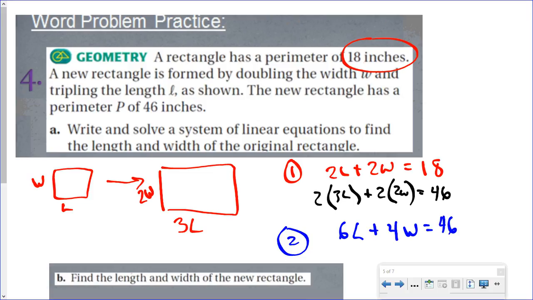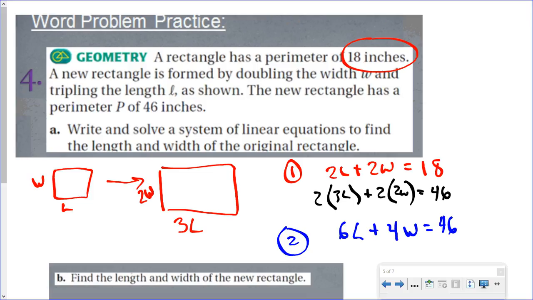Well, it says write and solve a system of linear equations to find the length and width of the original rectangle. Well, I'm in pretty good shape right here. These are my two.